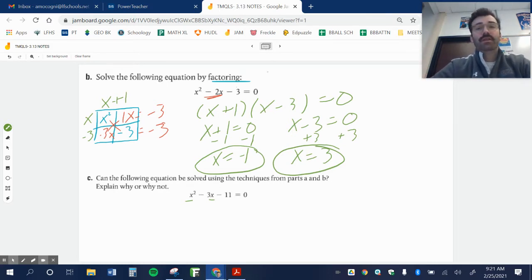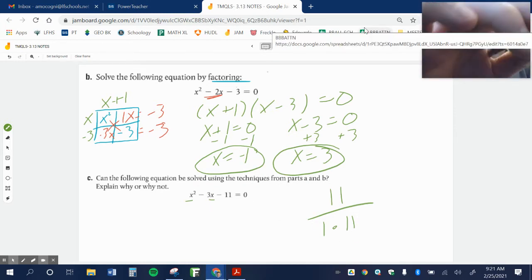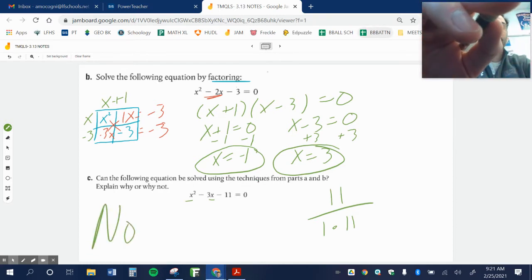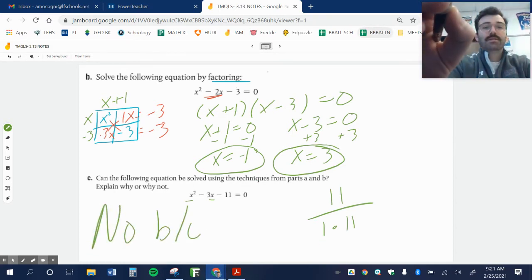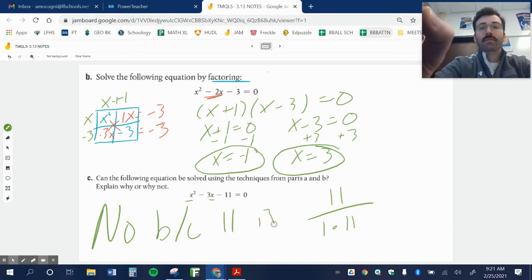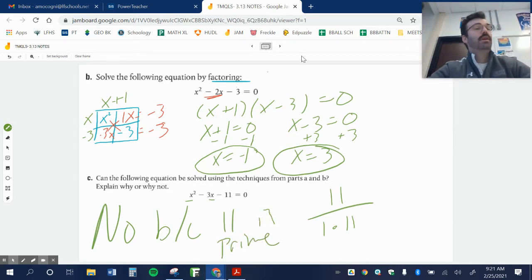Unfortunately, there are no factors of 11 that will add to 3. 11 is a prime number. The only factors of 11 are 1 and 11, and I can't add those together to get negative 3 at all. So can they? No. We can say because 11 is prime. That's enough of a reason for me.